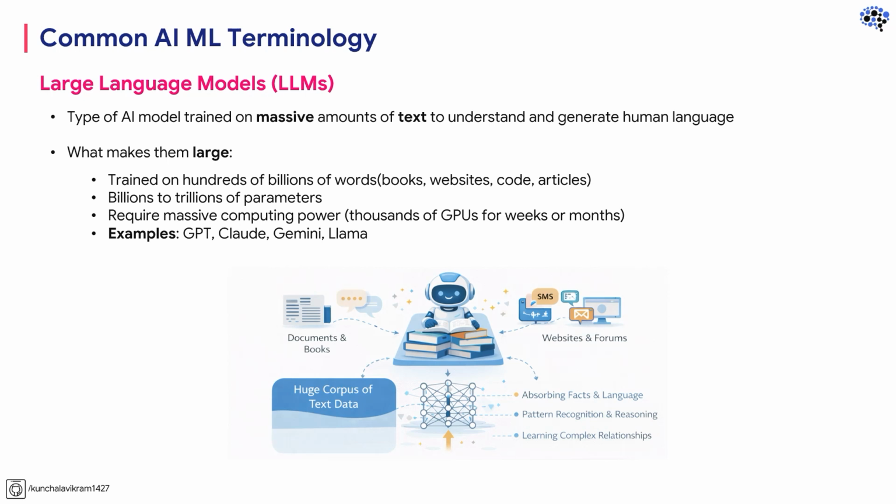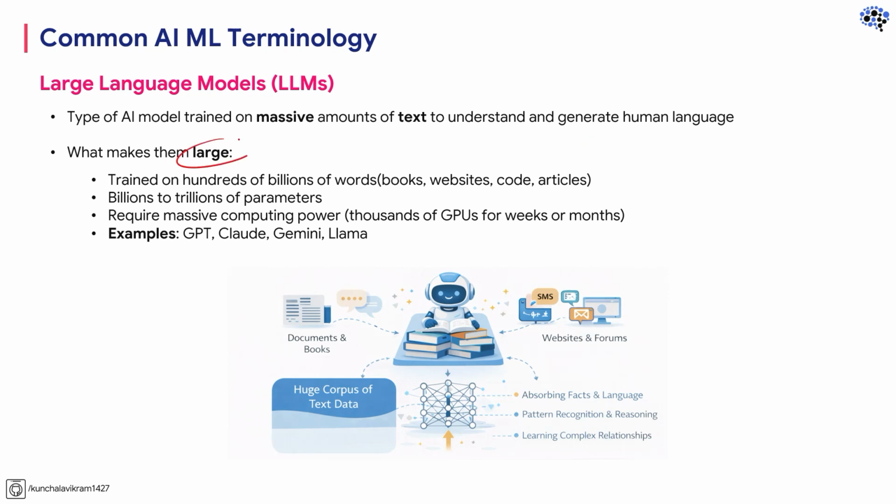Now coming to large language models, they are a type of AI model trained on a massive amount of text to understand and generate human language. For example, let's say I take a model and feed it the entire English dictionary and other text. That model will try to understand the patterns and adjust its internal parameters, right? So now when we ask it any question, it tries to generate responses just like how humans communicate, right?